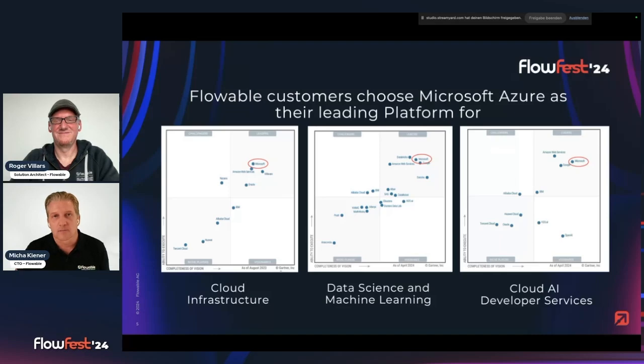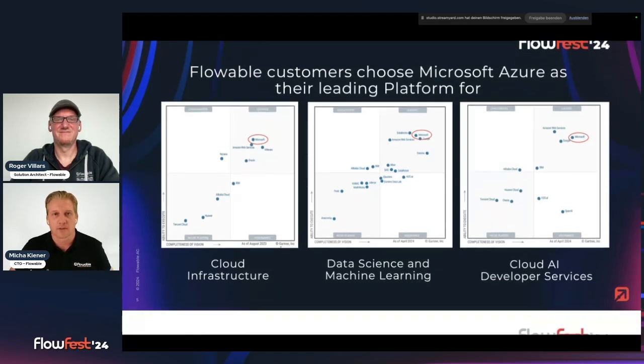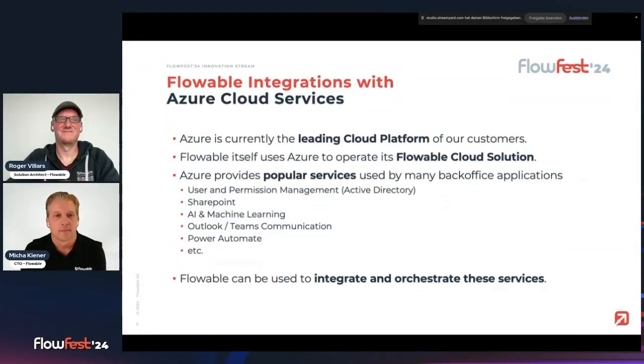I think their joint venture with the OpenAI platform is a really great move. You will also see that in today's session, by the way. And the AI development services are really great in the Azure platform. That's why for today's session, we have chosen Azure as the foundation for what we want to show.